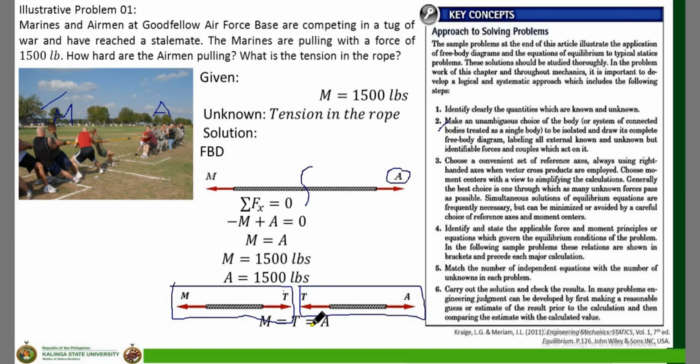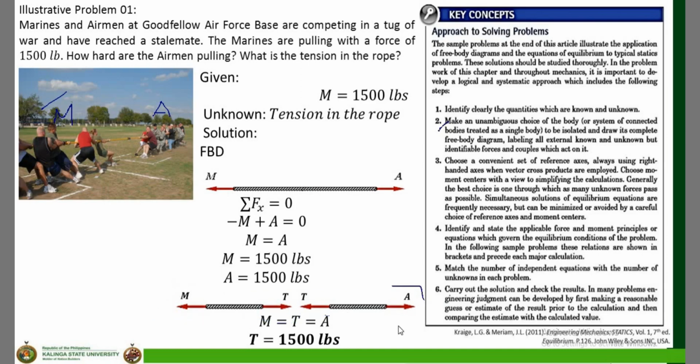Again, this is to maintain equilibrium. Therefore, I can say that T, the tension in the rope, is equal to 1,500 pounds. So, the only static equation I used is the summation of forces along the x-axis to get the tension in the rope.